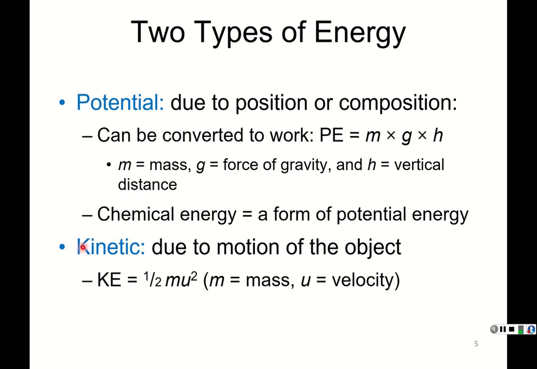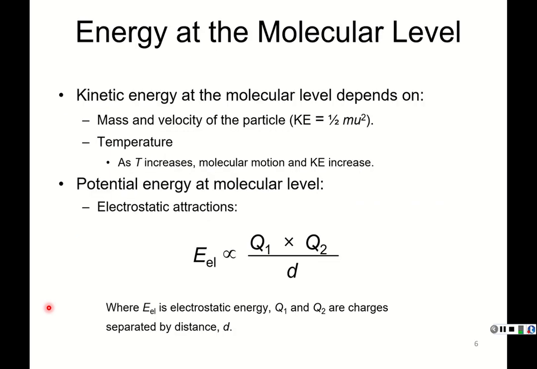Kinetic energy, this is due to the motion of an object, and so the kinetic energy is 1/2 times mass times velocity squared. That equation comes up every now and then in general chemistry, but probably more honestly in the first quarter. At the molecular level, kinetic energy is the movement of the molecules or atoms, if you're looking at atoms.